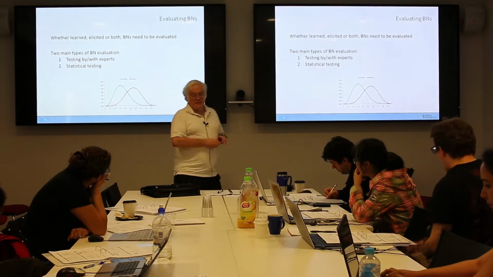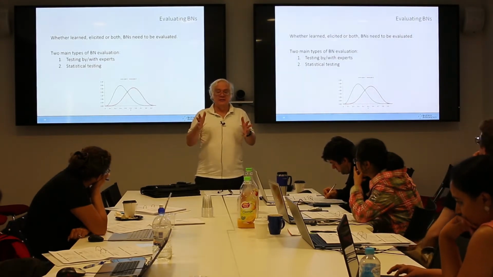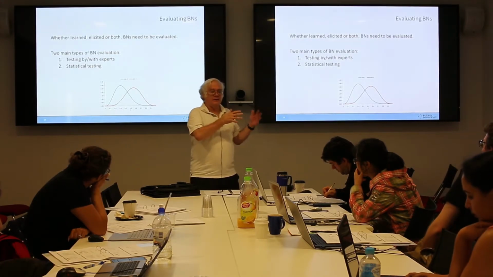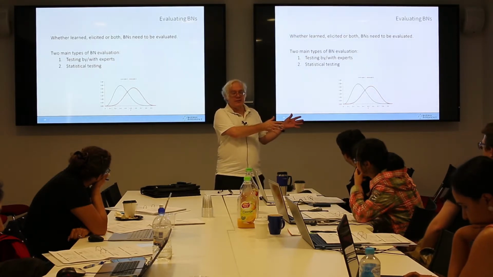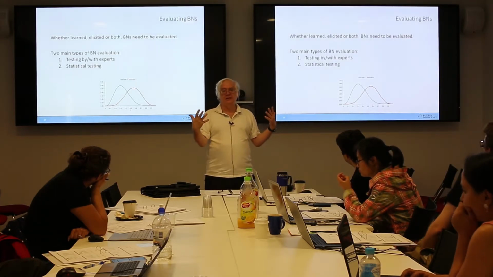Another thing that's done, specifically in data mining Bayesian nets or causal discovery, is that artificial data are generated from a network. That data is used to learn something using some method, so you get a new network, and then you compare the learned network to the one that actually produced the data.